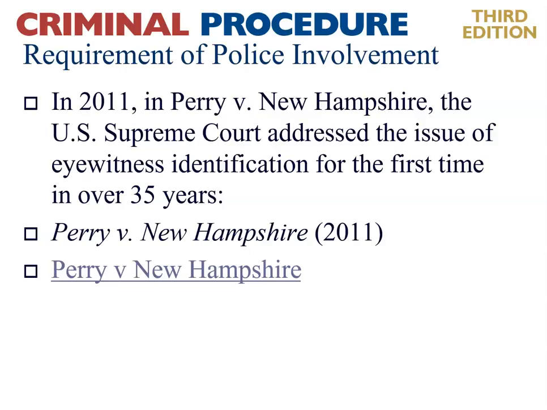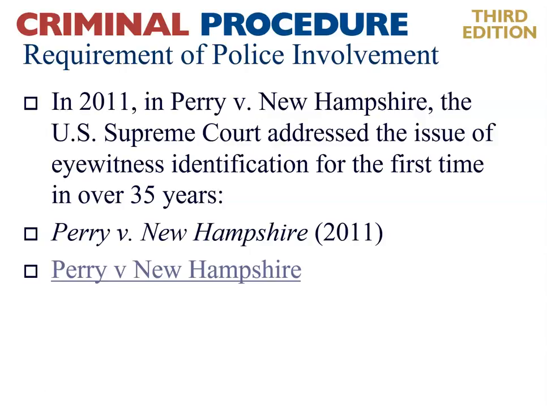But let me finish up here with these reliability factors that we talked about. These factors, again, are to be weighed against the fact that the witness may be influenced by suggestiveness of the identification, and the court must determine whether, based on the totality of circumstances, the suggestive procedures create a very substantial likelihood of irreparable misidentification.